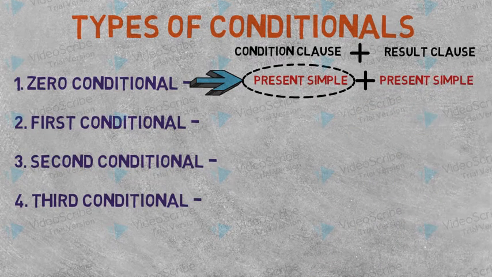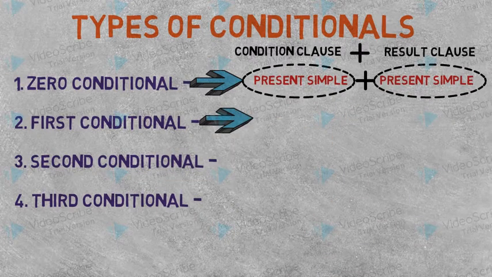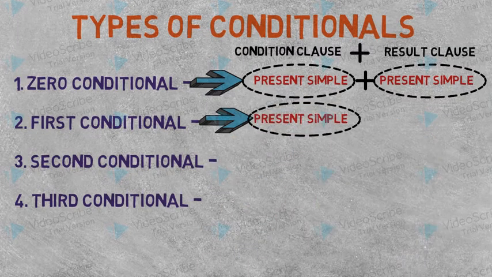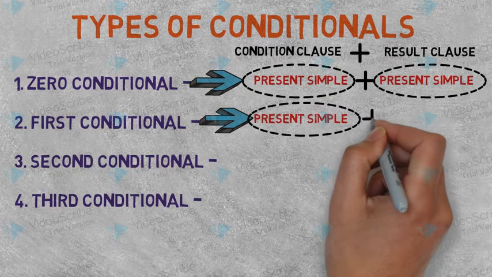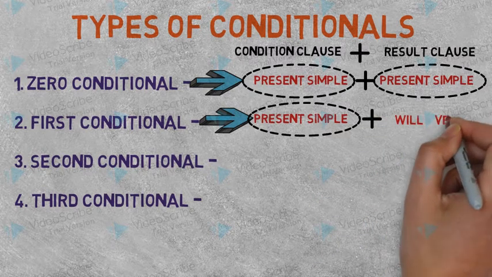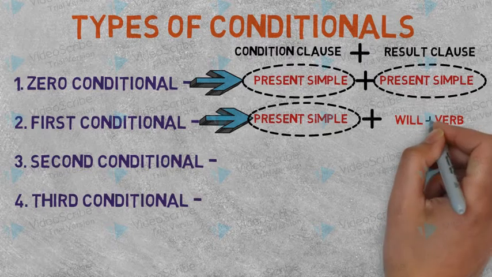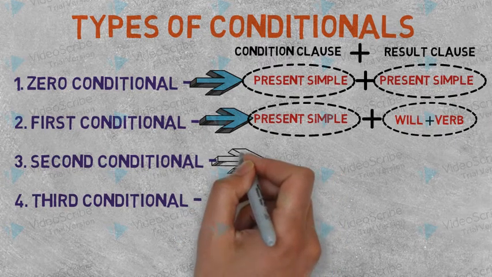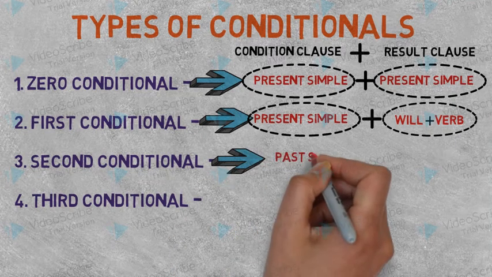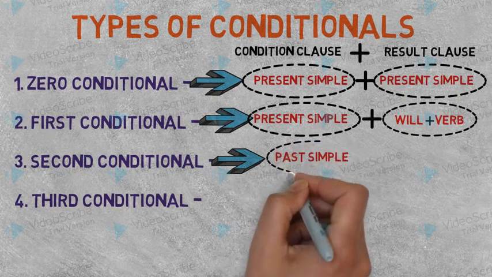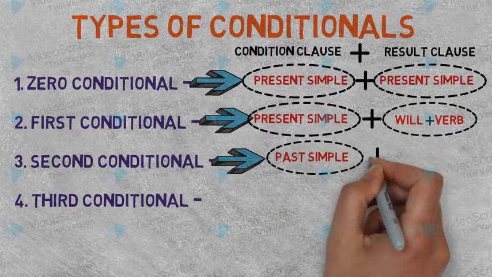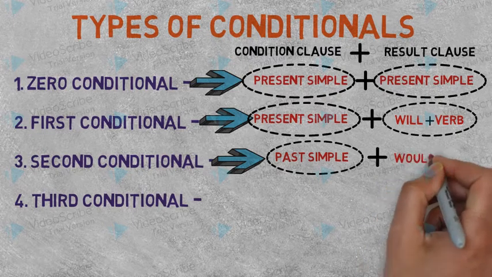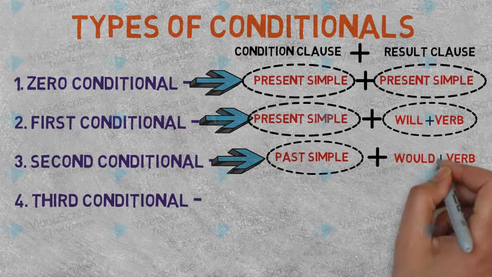In the first conditional, we'll be using the present simple verb in the condition clause plus will plus the first form of verb in the result clause. Moving forward to the second conditional, we'll use the past simple in the condition clause along with would plus verb in the result clause.